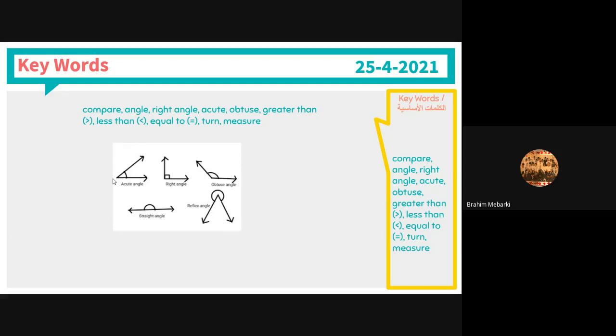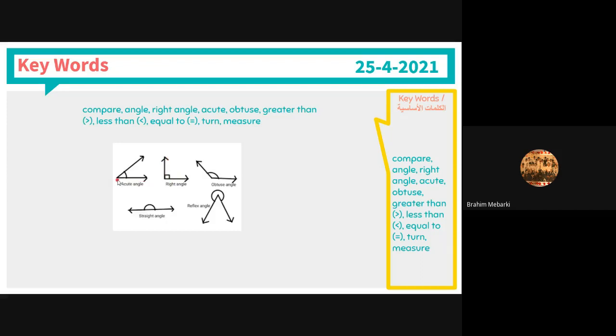And this angle can be different. It could be a right angle, this one. When the two lines are perpendicular, they make a right angle.